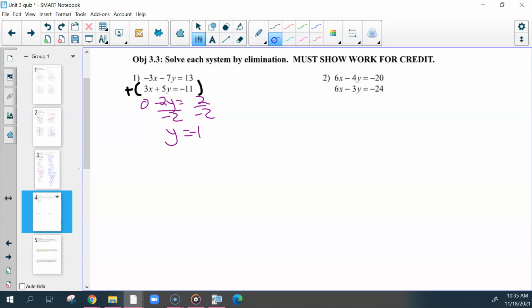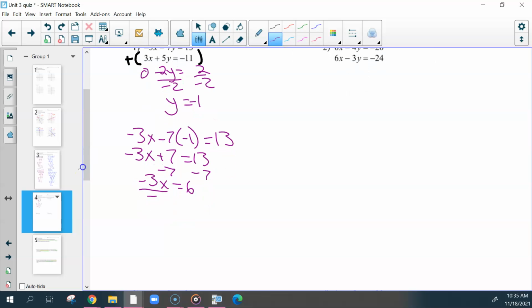And then you could put that back into either equation and find x. So -3x plus 7. And then you can solve for x, get rid of 7, and divide.